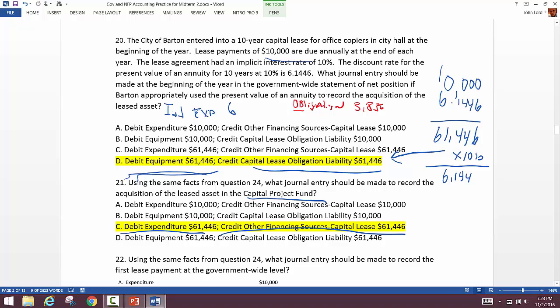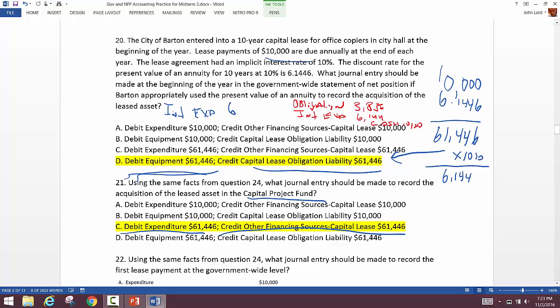Debit my interest expense, 6,144. And credit cash the 10,000. Right, guys?